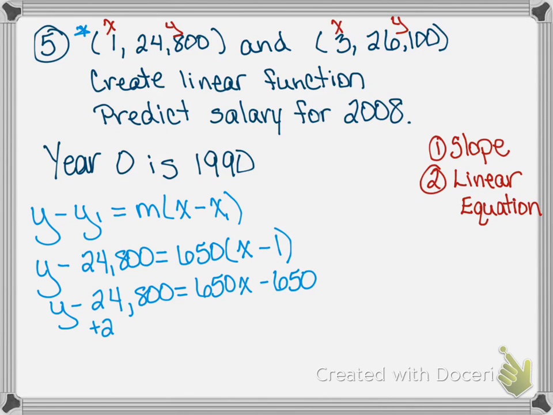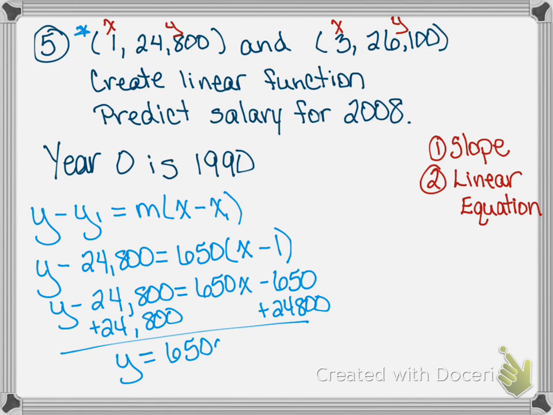Now I add. When I have negative 650 and 24,800, I get 24,150.